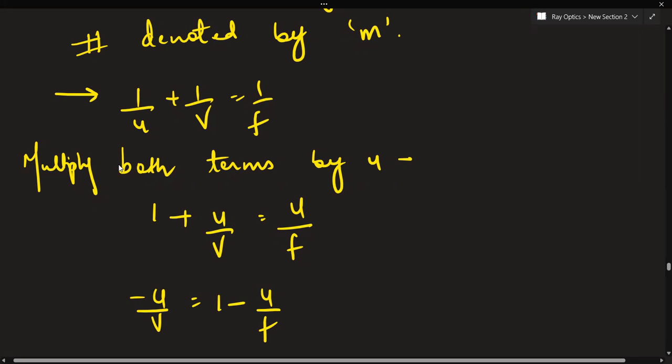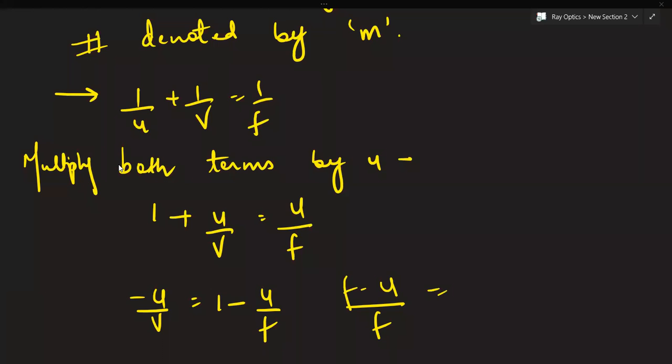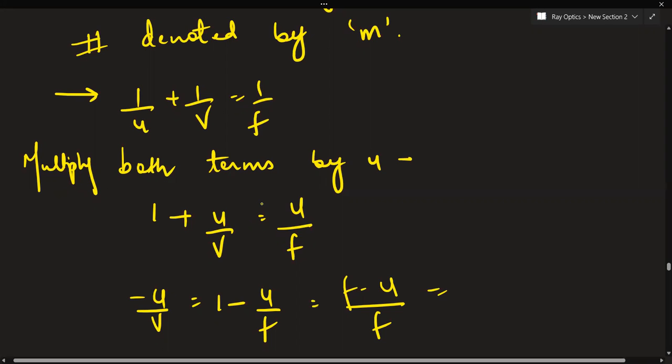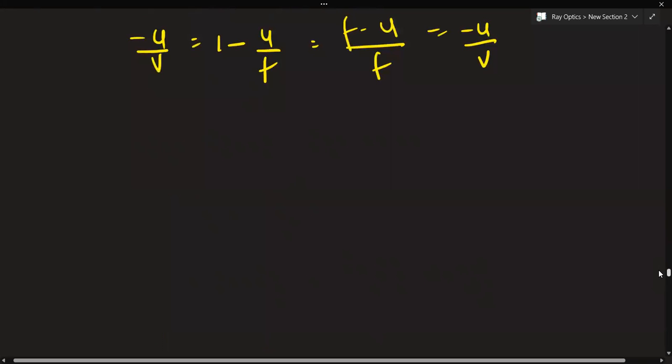Now if you take the LCM, you get F minus U by F. This is equal to minus U by V. If you reciprocate it, you will get minus V by U, that becomes F by F minus U.